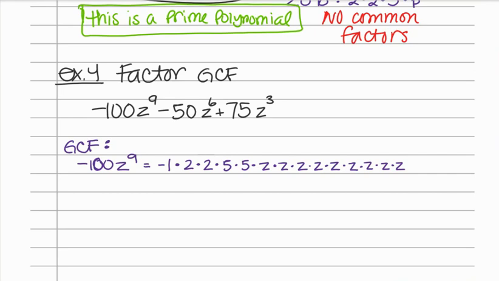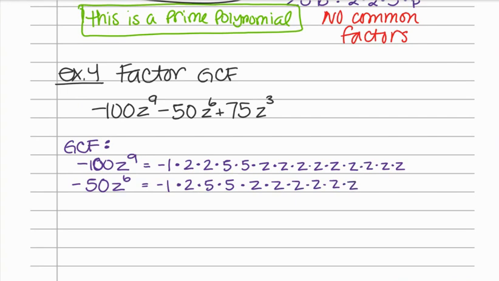But this minus 50z to the 6th, when we do our GCF, we're going to count that as negative 50z to the 6th. So negative 1 times 2 times 5 times 5 times z 6 times.